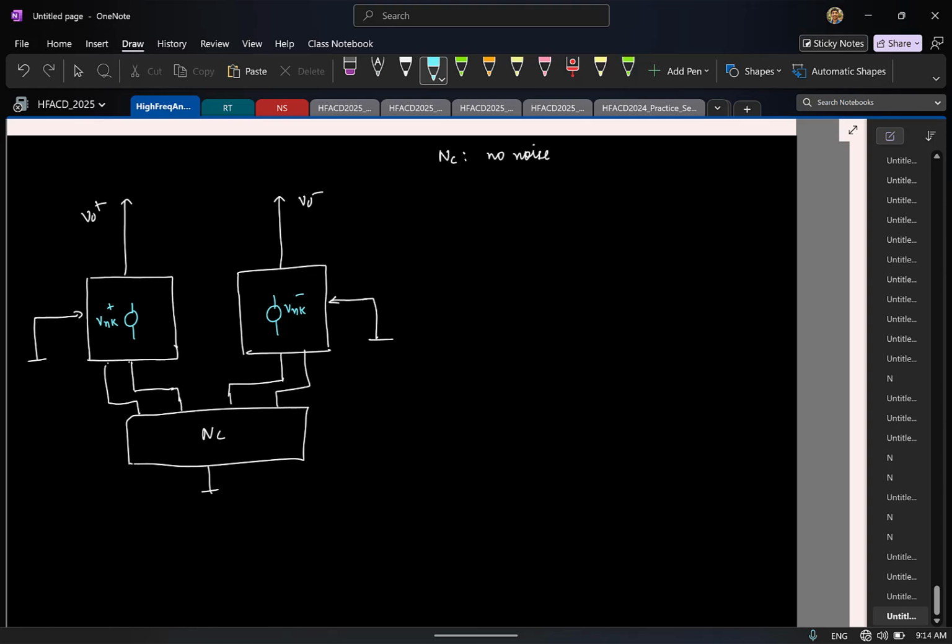Let us say I'll decompose as half circuit VNK common, which is the average of the two. Similarly I look at a differential part, which is VNK plus minus VNK minus. So which means now the individual signals I can write like this. VNK plus is the common part plus half the differential part, and the negative side is VNKC minus half the differential part.